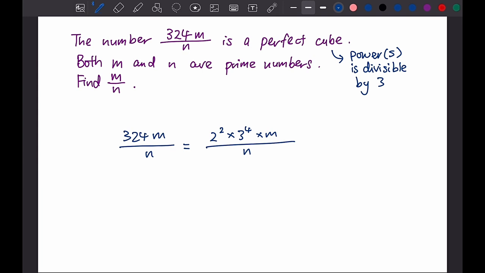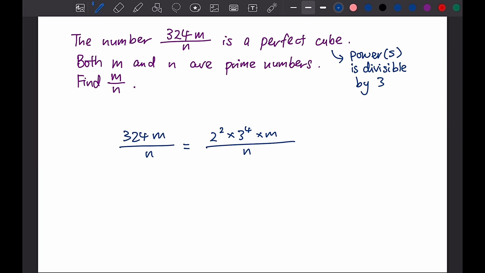Now what this means for us is, for example, 324 m over n. The problem is 324 broken down into product of its prime factors is 2 to the power 2 times 3 to the power 4. And neither of base 2 and 3 has a power that can be divided by 3. So what this question actually is testing you is whether you can see how to raise or lower the powers such that your final answer is a perfect cube, right?